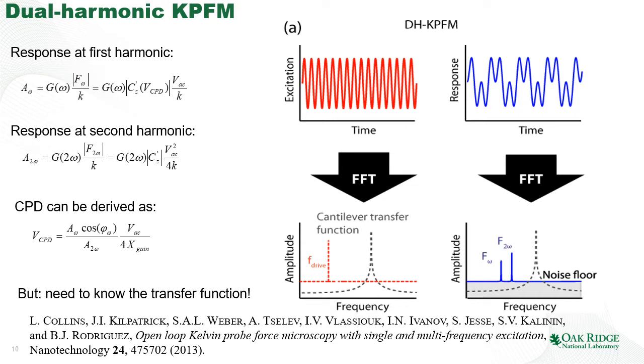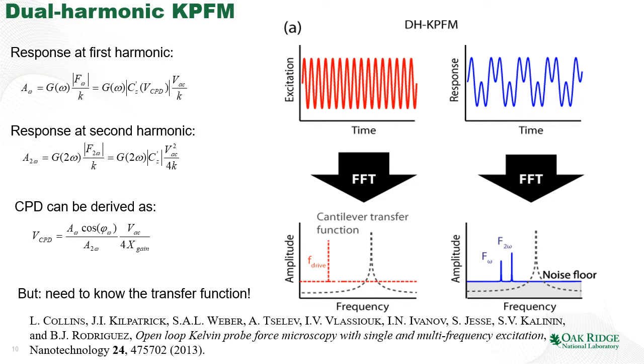At the same time, the response acting on the second harmonic, so twice the excitation frequency, would be proportional to the capacitance gradient and VAC square. So this is really a very simple algebra.